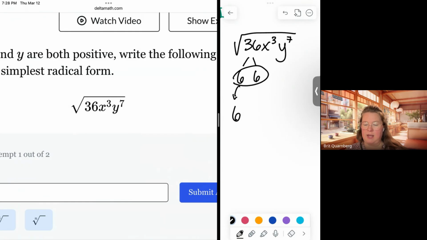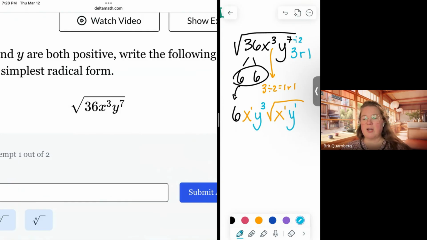And then x to the 3rd, 3 divided by 2 is 1 remainder 1. So 1 x comes out and 1 x stays inside. And then y to the 7th, 7 divided by 2 is 3 remainder 1. So 3 y's will come out and 1 will remain inside. And that's my final answer.